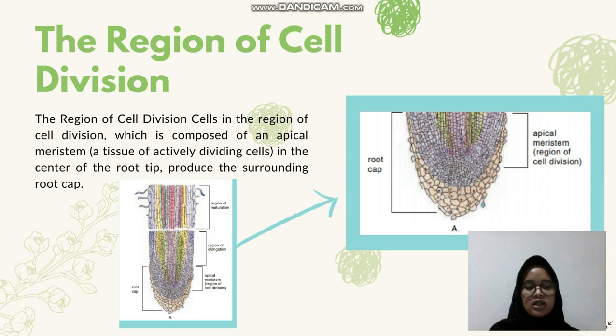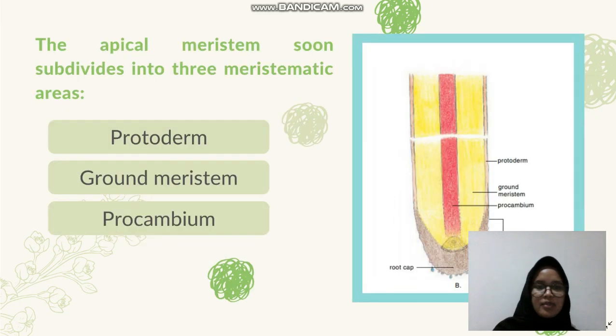In cell division, the cells will divide every 12 to 36 hours, while at the base of the meristem, they may divide only one time in every 200 to 500 hours. The apical meristem soon subdivides into three meristematic areas.